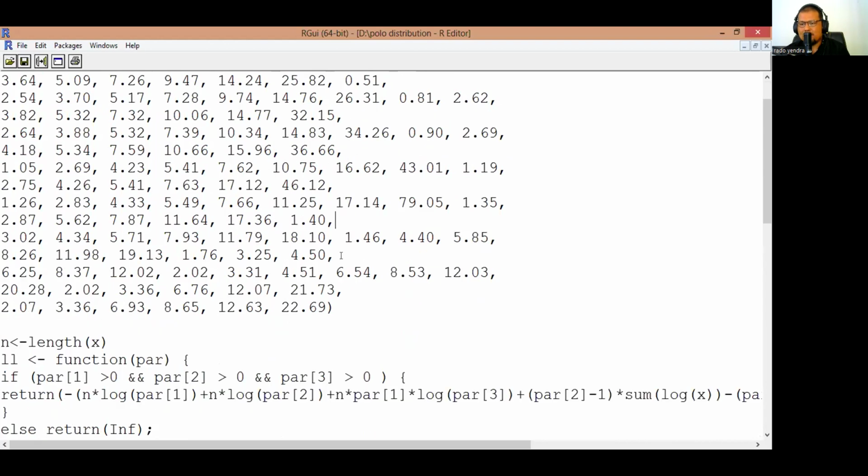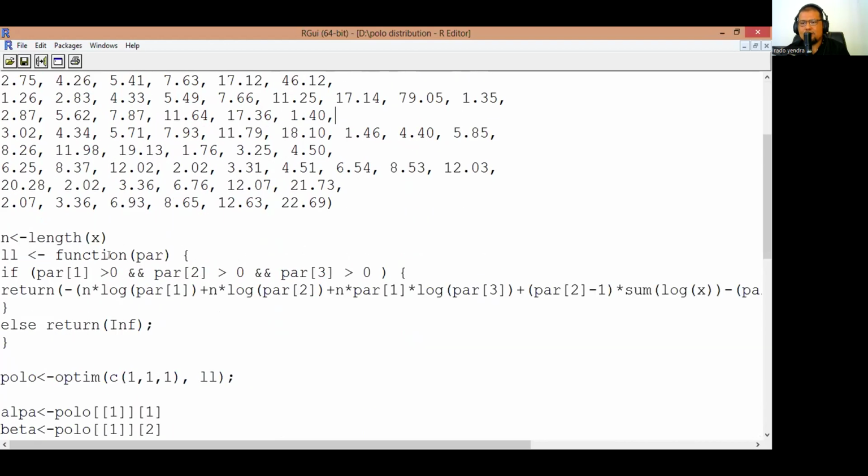After we put our data, we try to transform the log likelihood from the research article to R programming. But you must remember, there is the right one, like this one. In this R, we make the right log likelihood, not the false likelihood like in the research article.